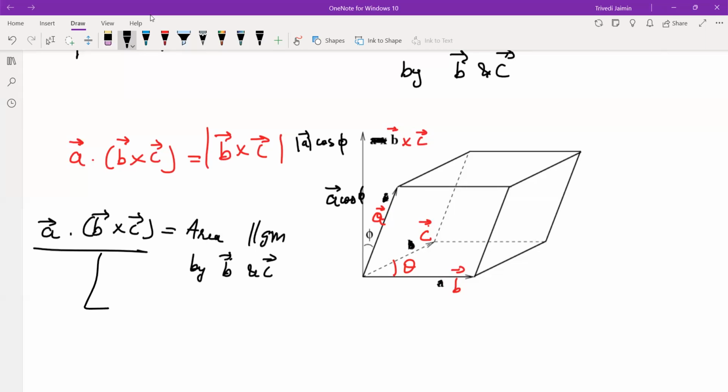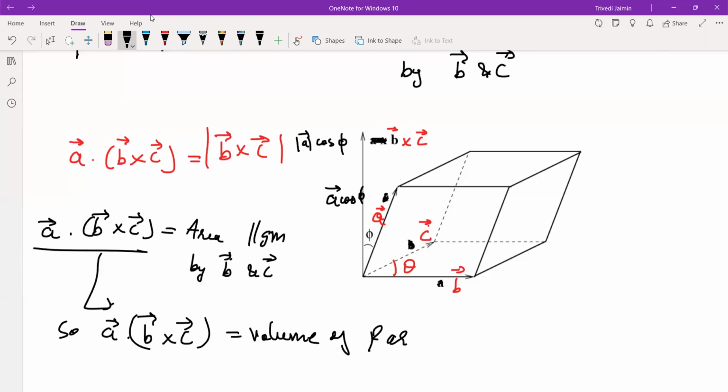So this will be equal to this, if you take this whole cube. So A dot B cross C vector will be equal to the volume of the parallelepiped whose edges are A, B, C, which we have written here already.